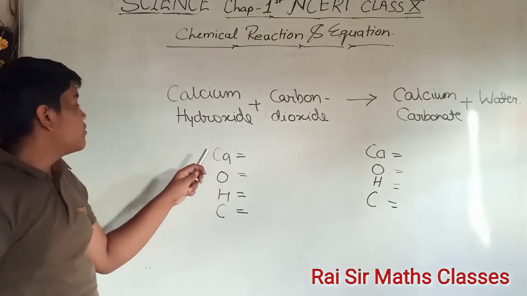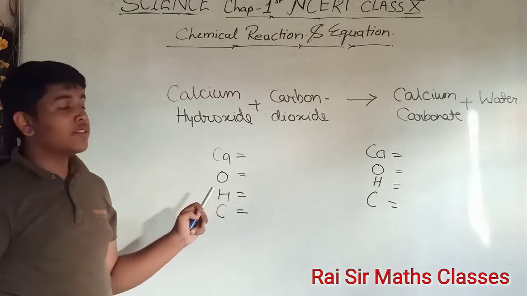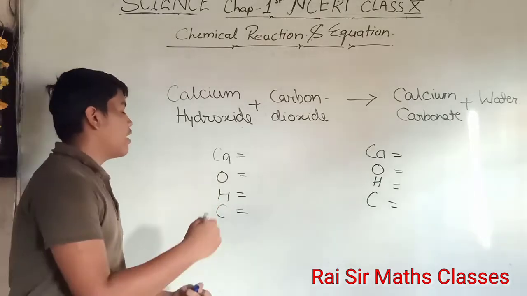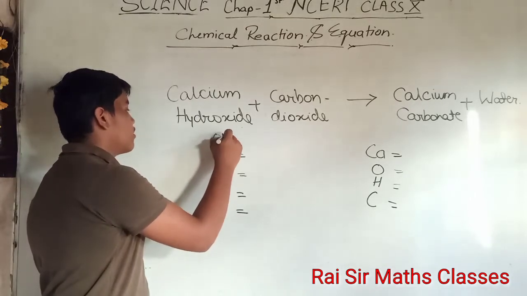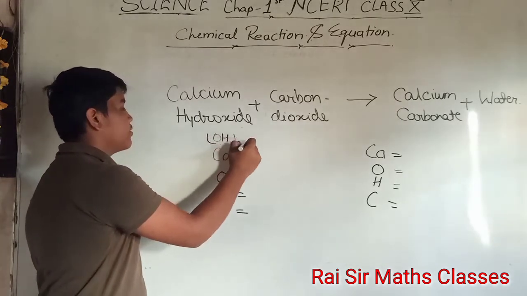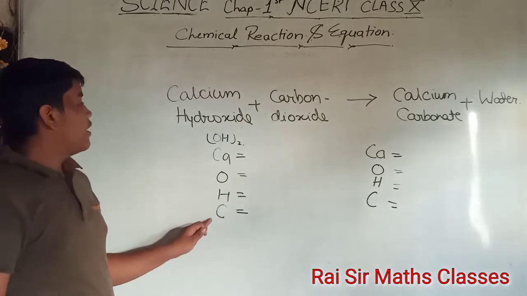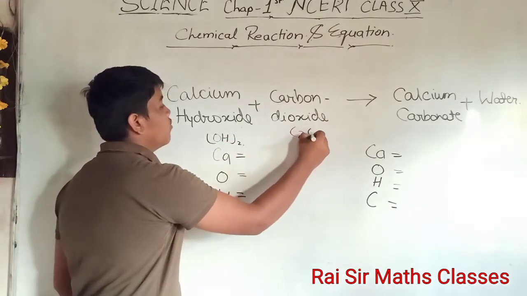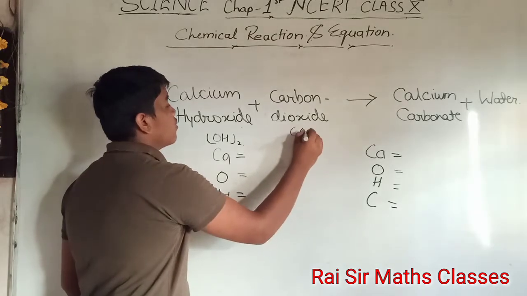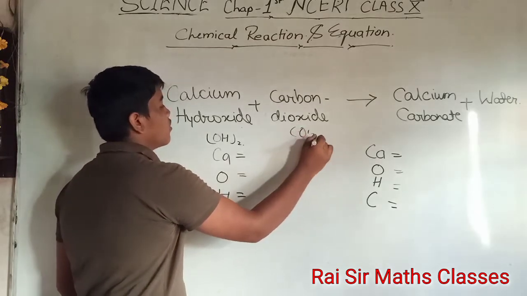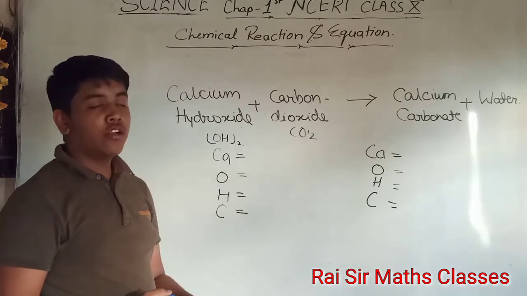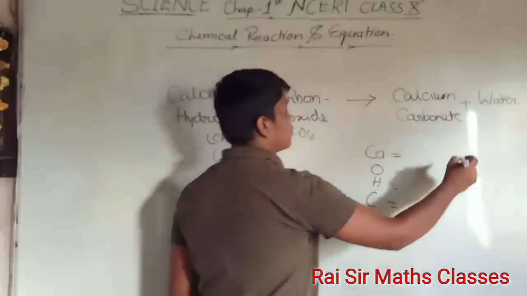So calcium symbol is Ca. Hydroxide we have to write like this, OH whole twice. And we are having carbon dioxide in the form of CO2, calcium carbonate and water in the form of H2O.